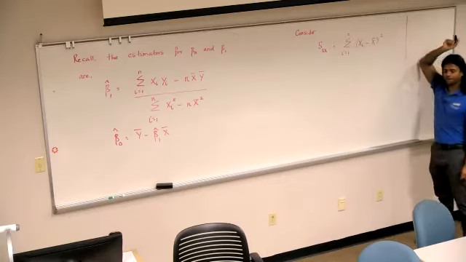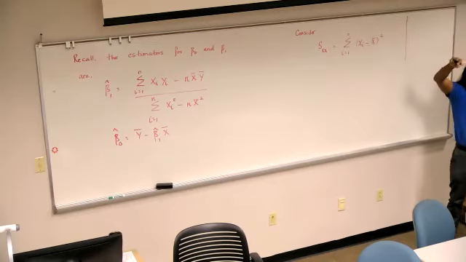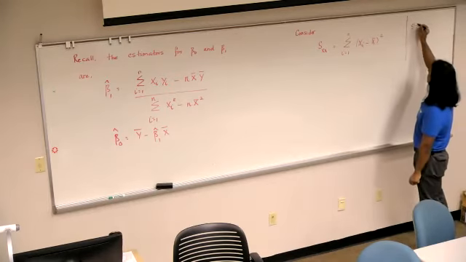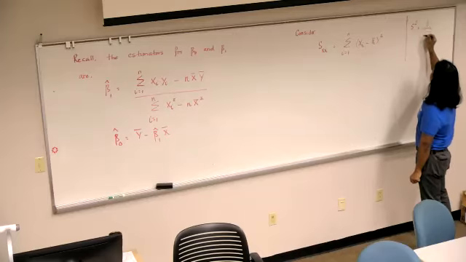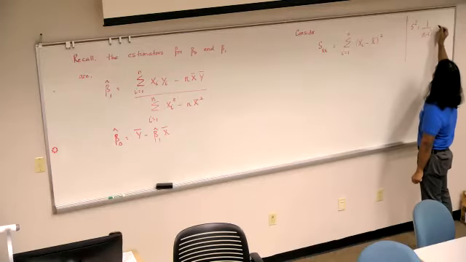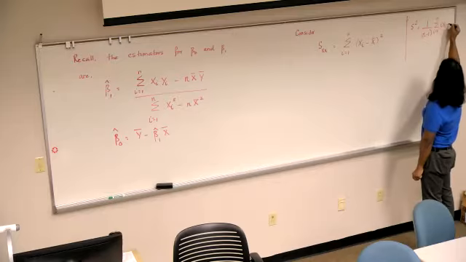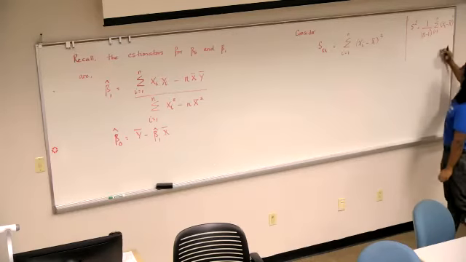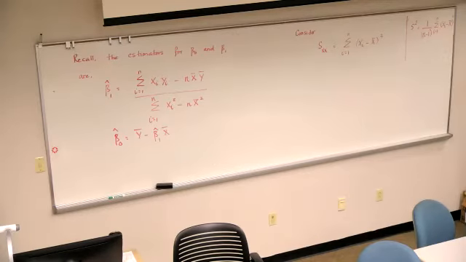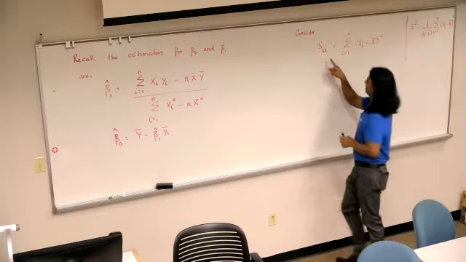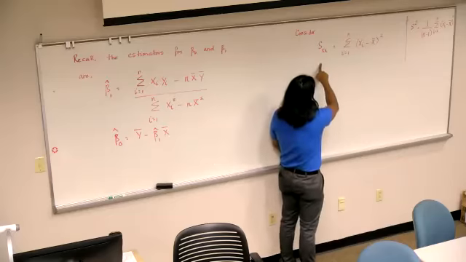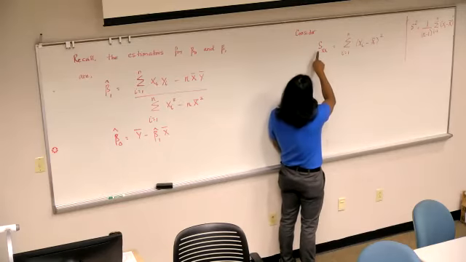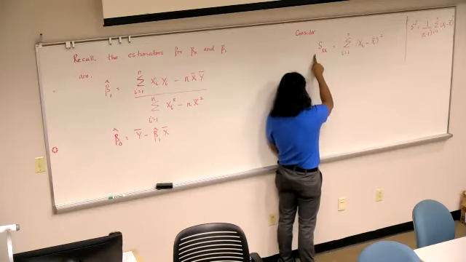If you go back to statistics and look at the formula for variance, S squared would be 1 over n minus 1, sum from i equals 1 to n, xi minus x bar squared. Now we denote the sum of squares as just SXX in the textbook.